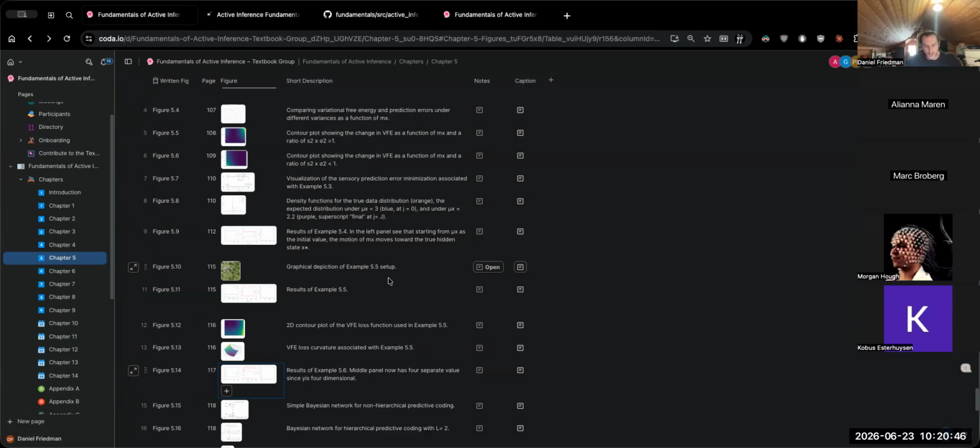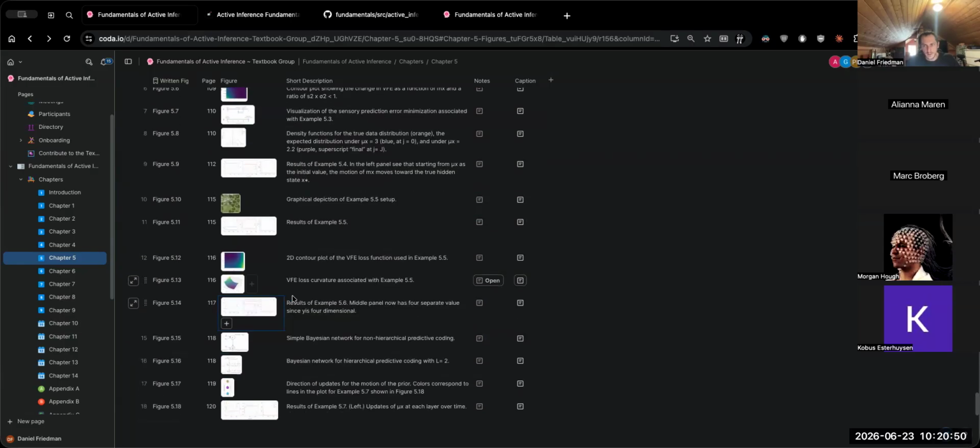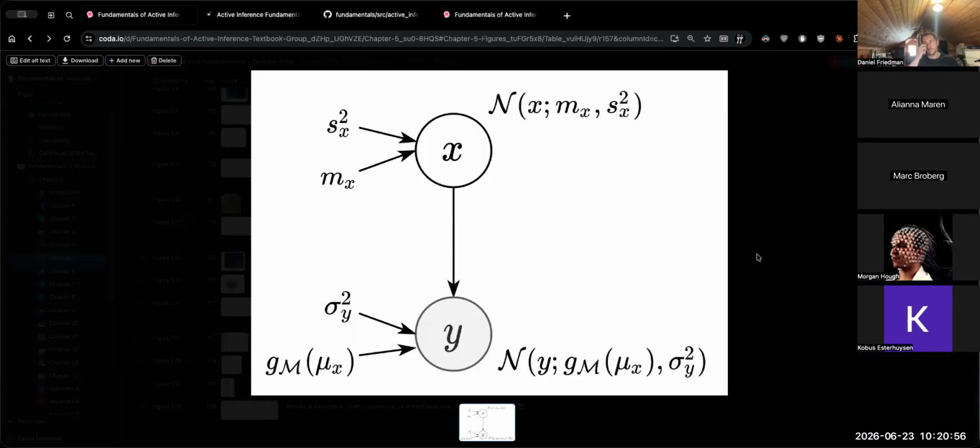Okay, so we see the generative model in equation 5.29, and it is going to be reflected in figure 5.15. So here we have a latent state that is going to have an estimator for the mean value of the latent state and the variance of the latent state.